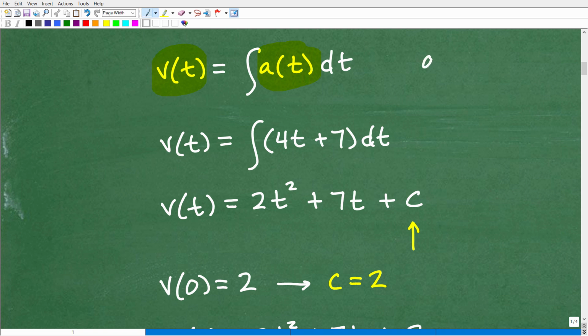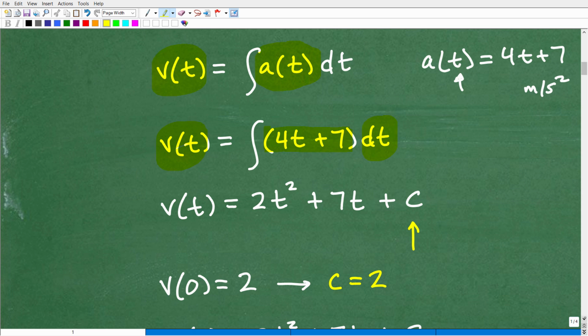Remember in the original problem, I was given a of t, the acceleration with time as the input, as 4t plus 7, and of course this is going to be in meters per second squared, which is acceleration. So we're going to go ahead and integrate this acceleration function with respect to time, and I will get back to my velocity function.